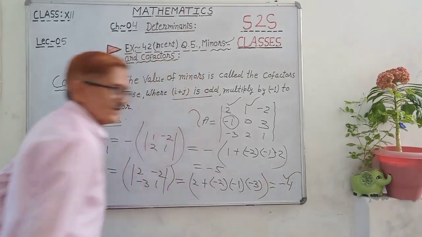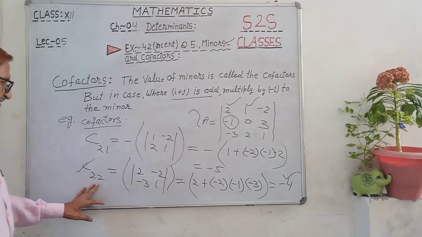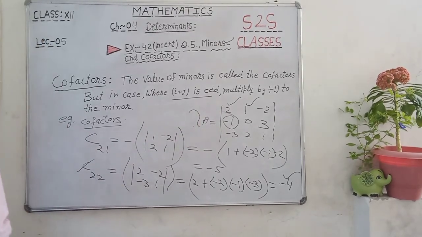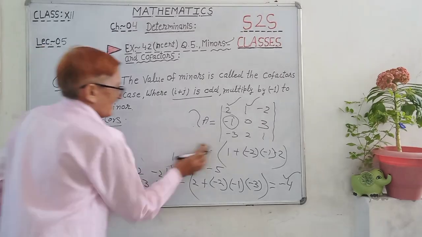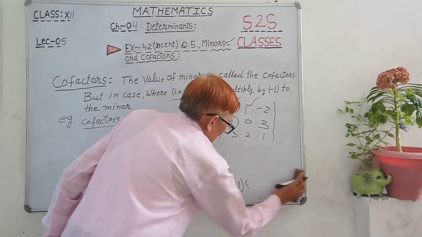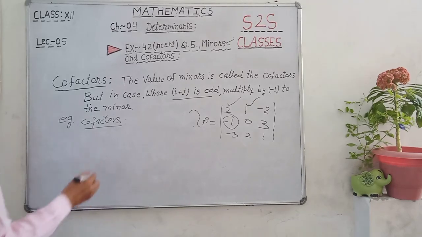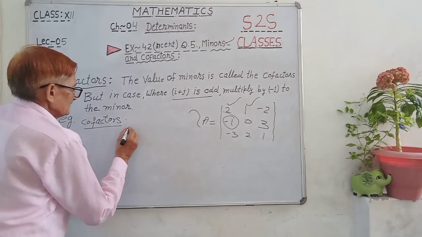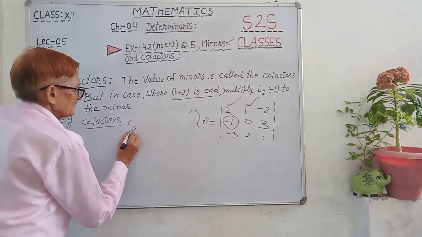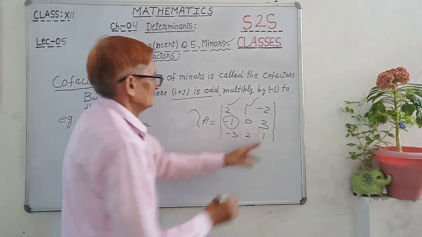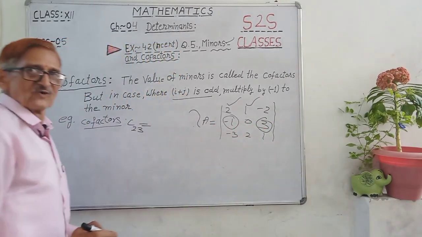Done, clear? After that you can find similarly C23, what will it be? Find C23. Similarly we can find the cofactor of every element. C23 means second row third column, this cofactor.